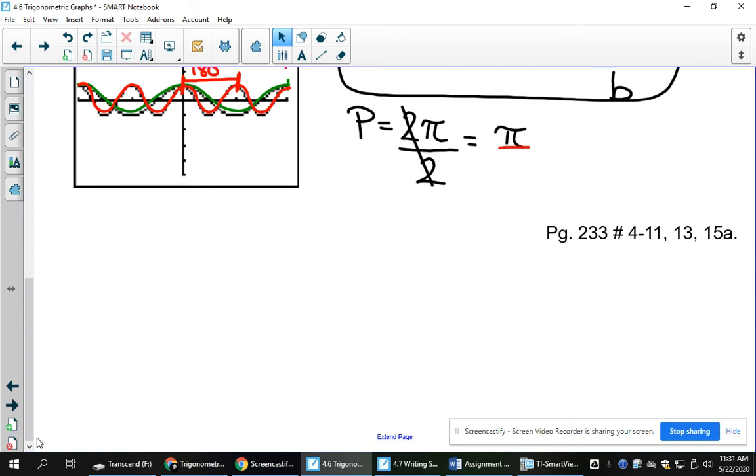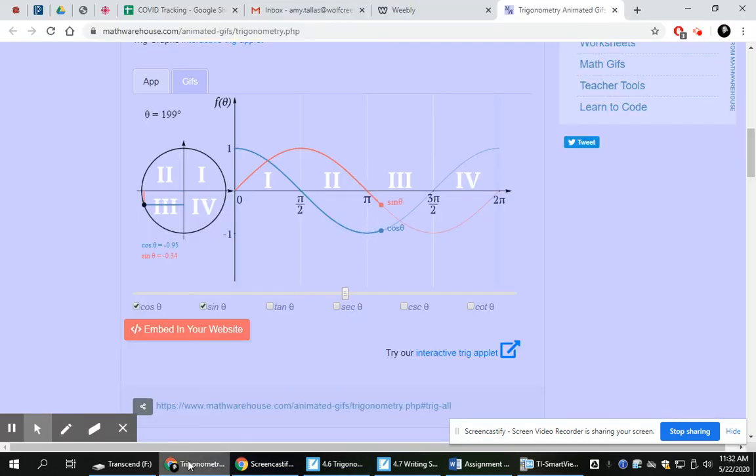But essentially all you're doing is you're plotting all the points from your unit circle. You're figuring out the sine values from your unit circle. You're plotting them on a Cartesian plane. You can use that website that has the animations also to help you, but give yourself a really accurate picture that you can use throughout this entire section on graphing.